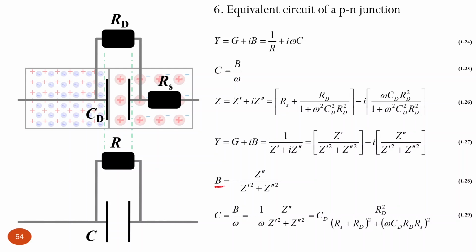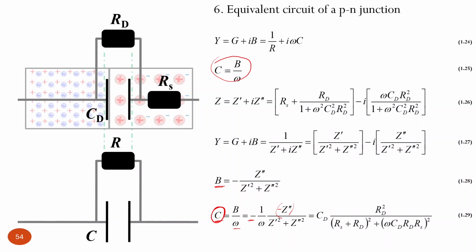And we know from here that capacitance, which we are interested in, should be susceptance divided by omega, meaning minus 1 over omega times Z double prime divided by Z prime square plus Z double prime square. So this minus we have here, and keep in mind that Z double prime is also negative, so eventually it will give us positive value, and that should be our capacitor.